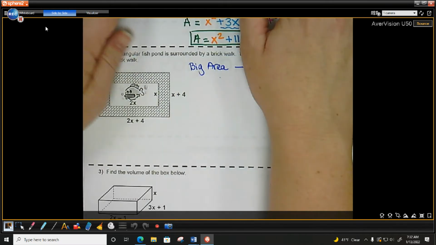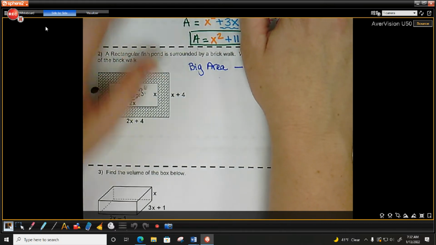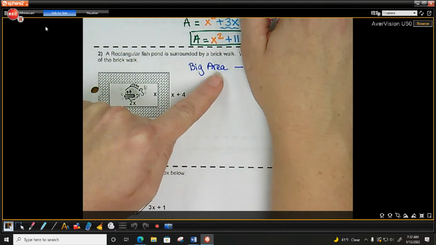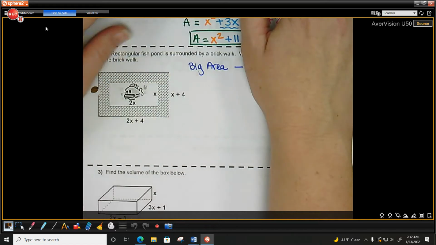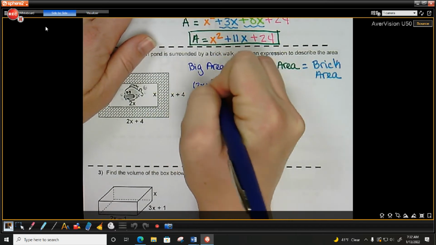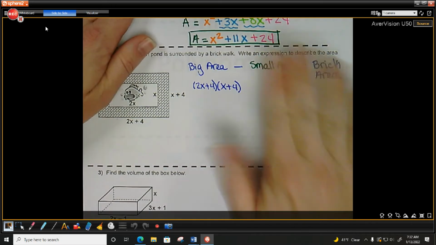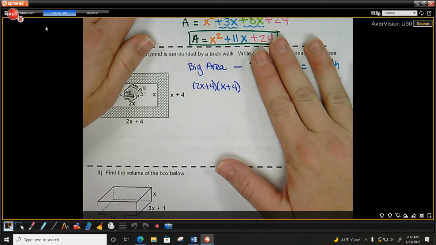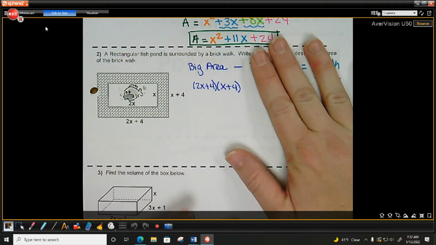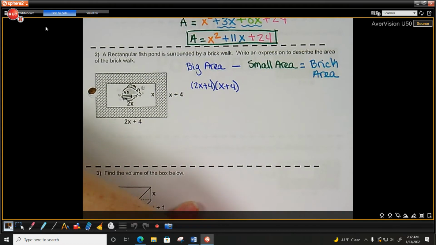And what are we going to do with those two sides? Say it again. But when you're finding area, do we add sides? We're going to multiply them. Very good. So I'm going to do 2x plus 4 times x plus 4. Don't worry about the small area right now. Let's just worry about the big area.